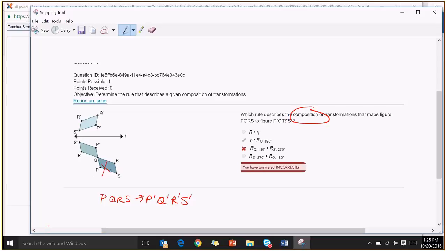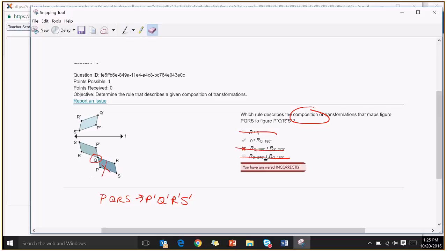I think you're rotating it. You're rotating it, and what point are you rotating it around? Q. Pardon me? Is it around Q? It is. So that eliminates the first choice and the last choice. Does that make sense? Yes. Sorry, not the last choice, the third choice.